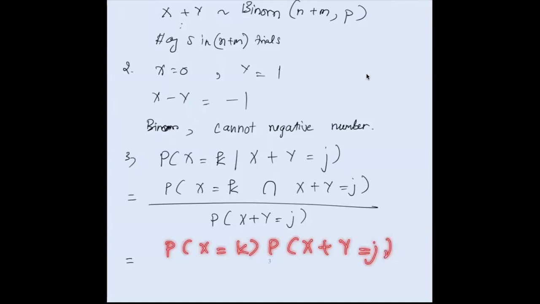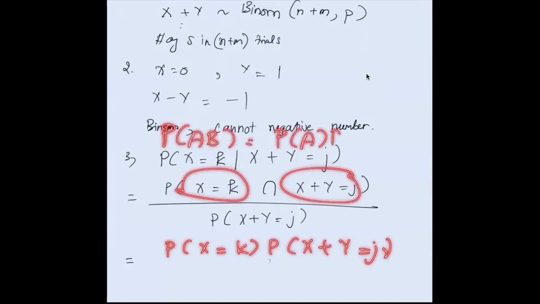Why is that? Because you're assuming independence between two variables, x and x plus y. You're assuming that this one and this one are two independent events. That's why you apply the probability of AB equal to the product of probabilities. However, this assumption is wrong. How do we know that? Because we ask ourselves the question: if I know some information about x equal k, does it tell us anything about the information that x plus y equal j?